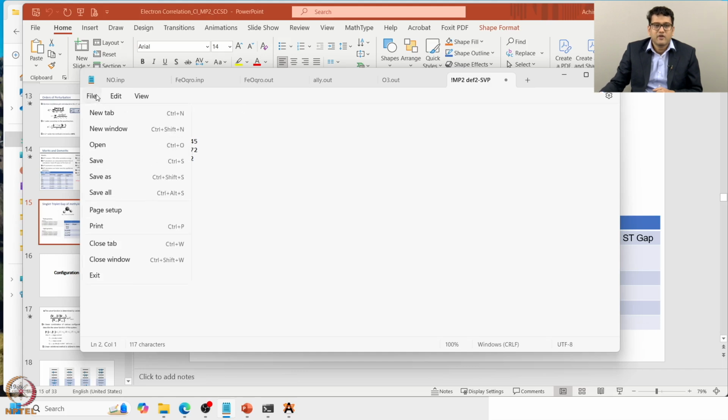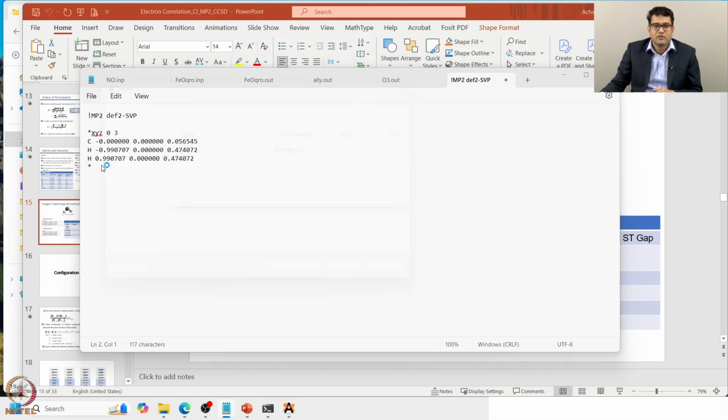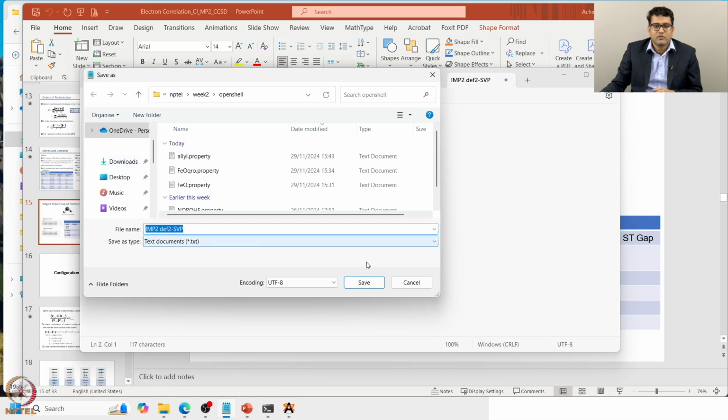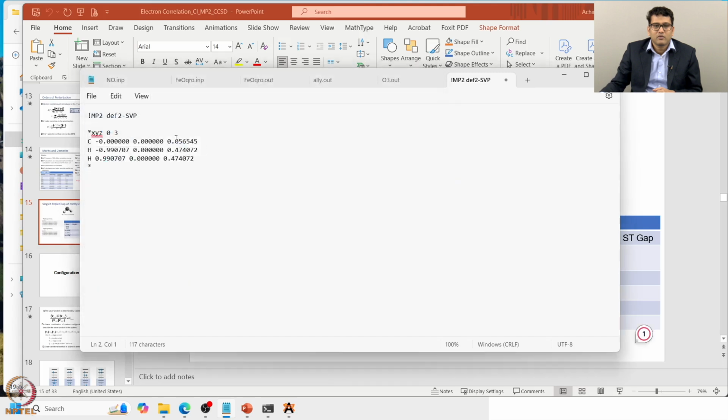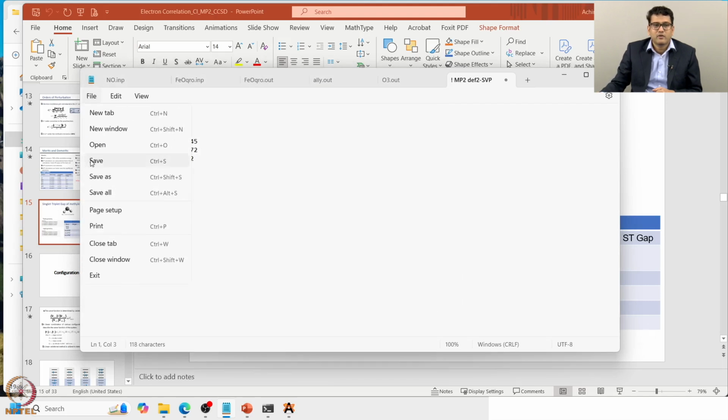So now I can save the input file. There has to be a space between the exclamation mark and the MP2, and let me save it.